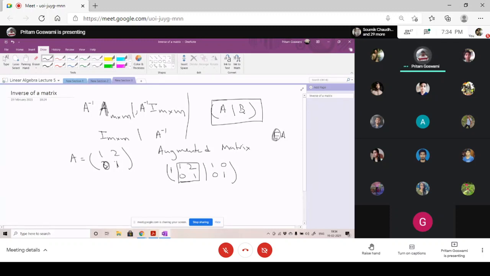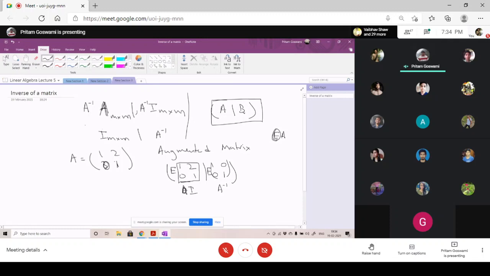So if I multiply with some elementary matrix here and the same elementary matrix here, and I get the identity here, what will you get here? So 1 minus 2 0 1. The inverse, yes. You will get the inverse here. Clear?